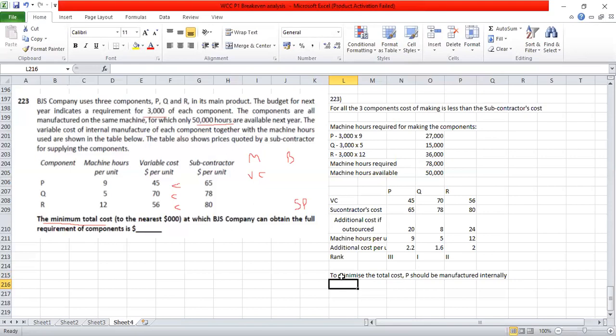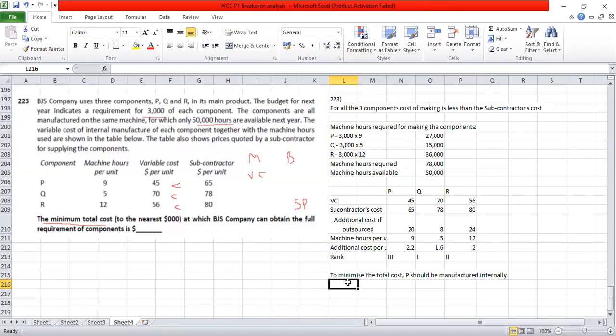Let's see how many hours are required by P. We have already calculated 27,000 hours are required by P. Total hours are 50,000. Out of that, P will require 27,000 hours.